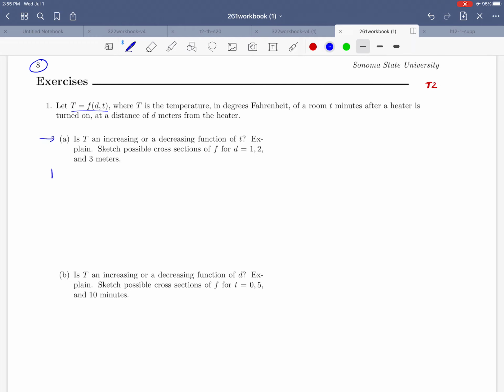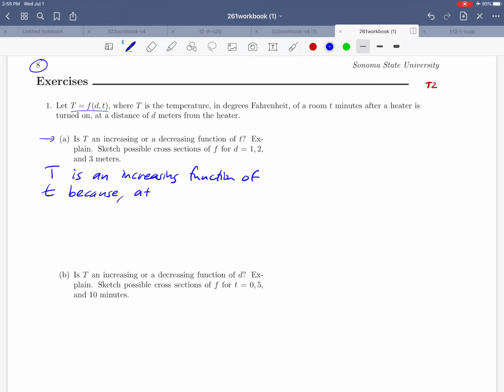All right, so let's answer the first part of the question. T should be an increasing function of time little t, because if you pick a constant distance from the heater, the room should heat up with time.